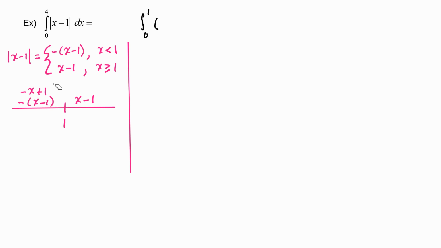Let's go ahead and use the distributed form, negative x plus 1 dx, plus we will integrate from 1 to 4, and the 4 is because that is the end of our initial integral. And when we are to the right of 1, we will be integrating x minus 1 dx.